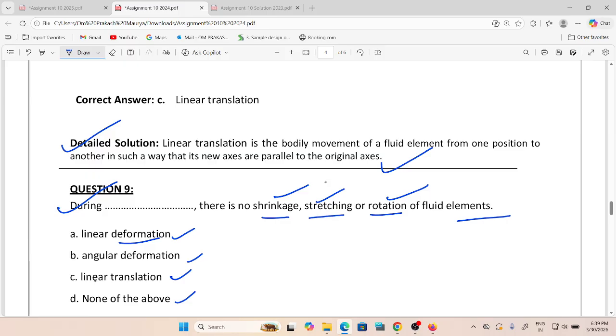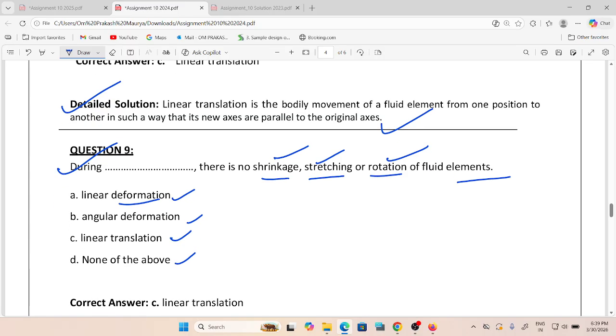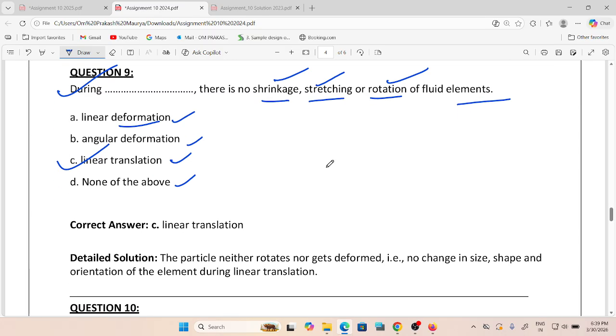Only one option remains, that is linear translation. In the linear translation, there is no shrinkage, stretching, or rotation of the fluid element. So remember, these are some definitions. The detailed solution: the particle neither rotates nor gets deformed. That is, no change in size, shape, and orientation of the element during the linear translation.